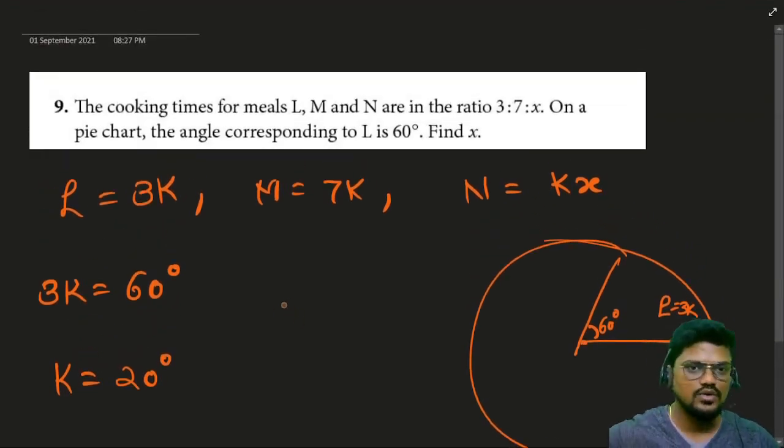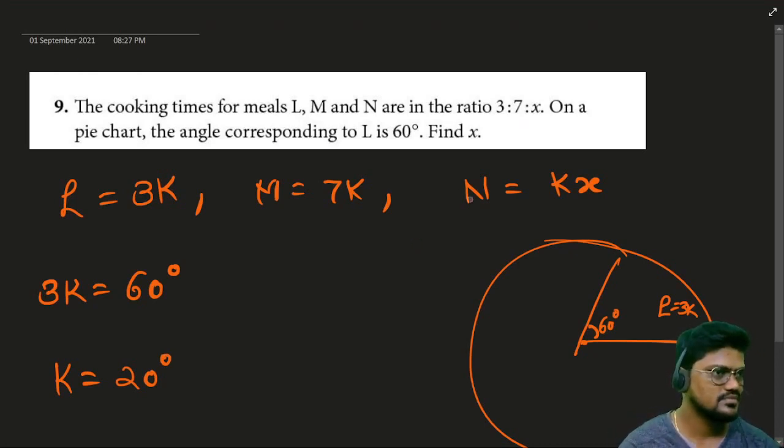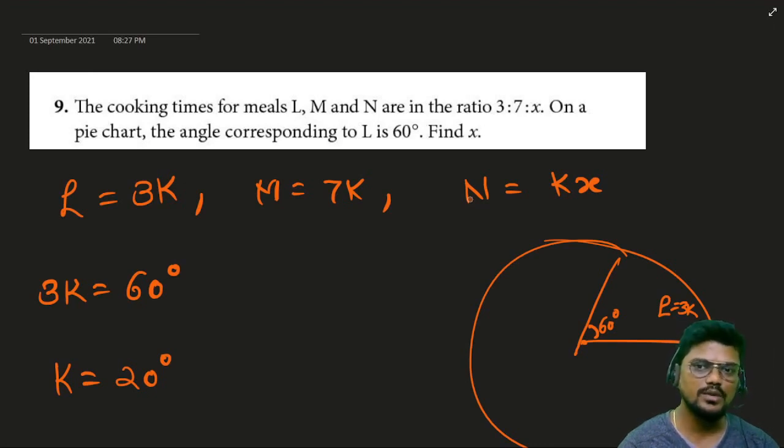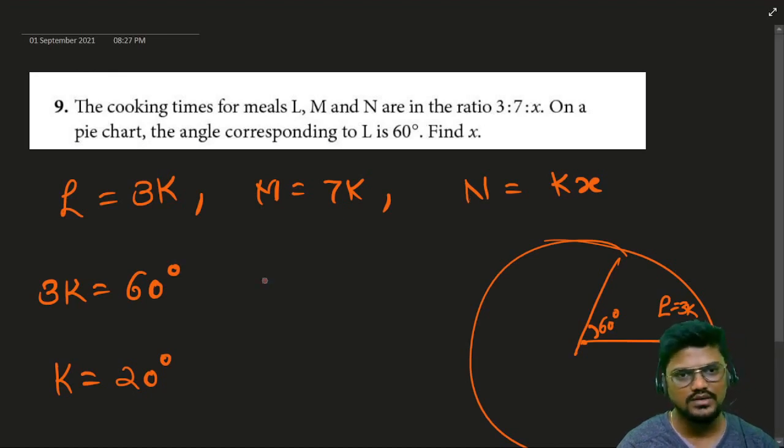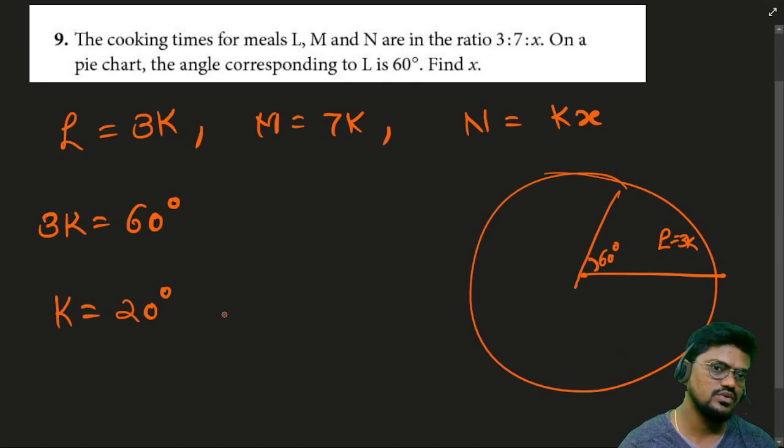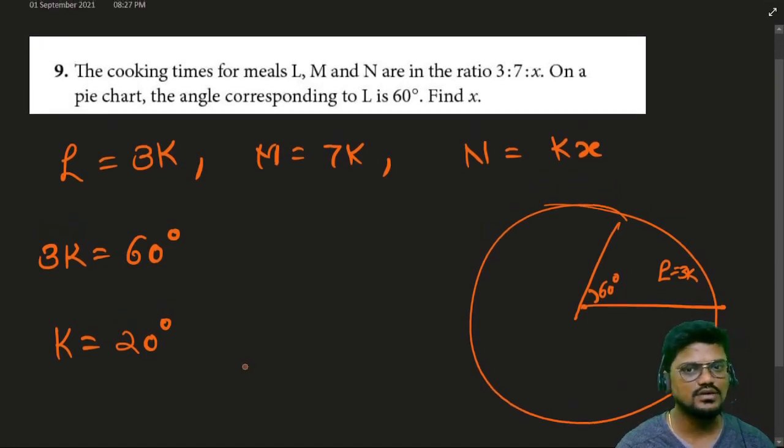Now the ratio is 3 is to 7 is to X. We know that the sum of all the angles is 360.